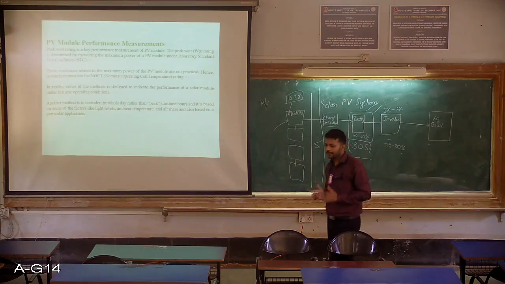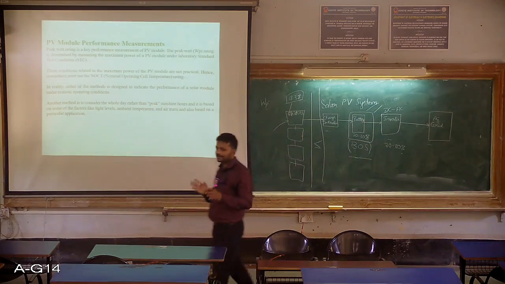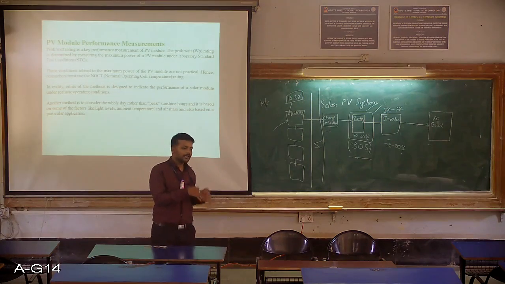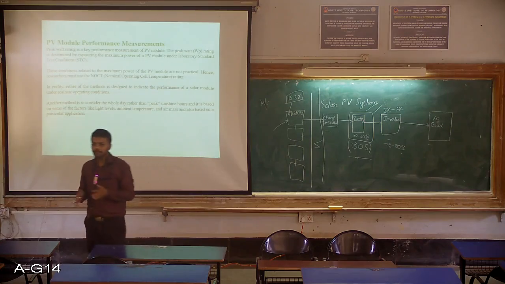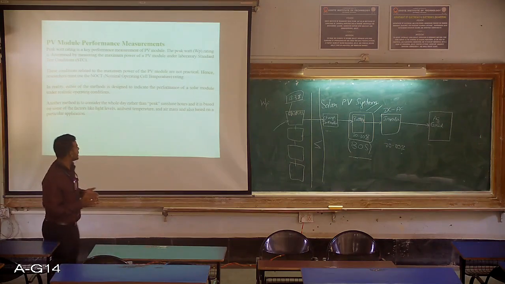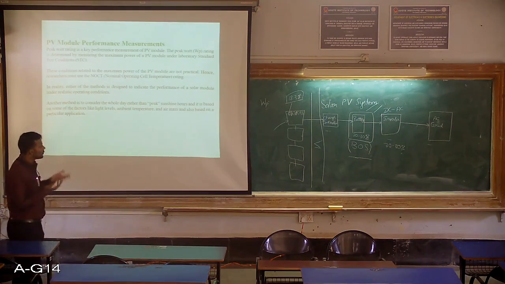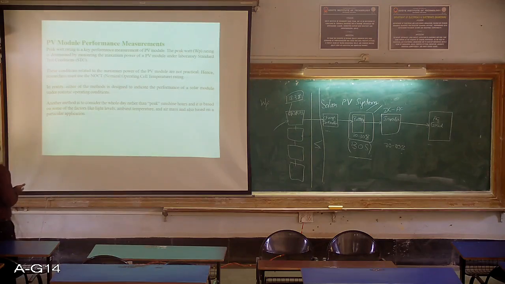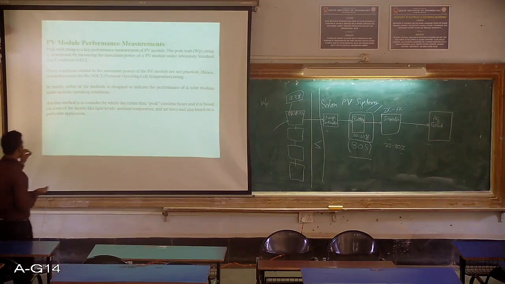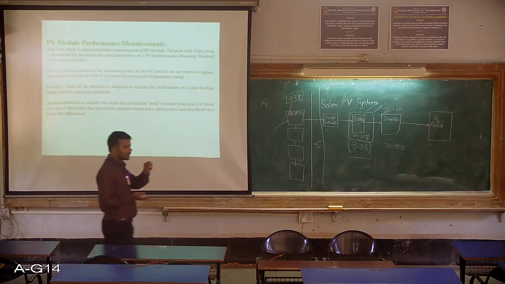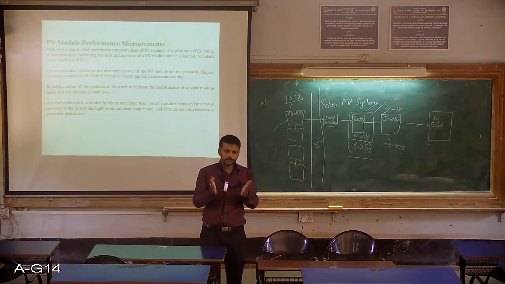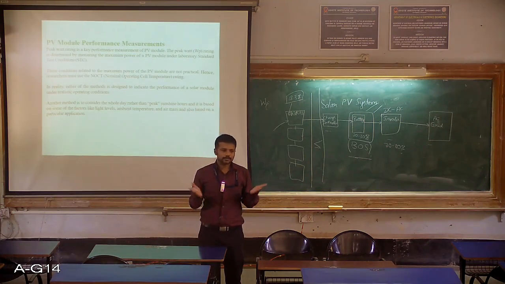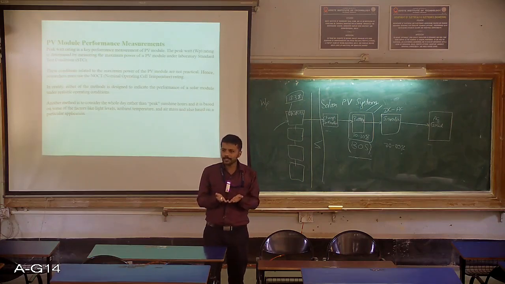We have already discussed that laboratory conditions are ideal, but practically, whenever we place the module under the sunshine, it varies and will definitely be lesser than that. So what we should consider is the nominal operating cell temperature reading. Whenever we keep the solar modules outside, some temperature will be there.